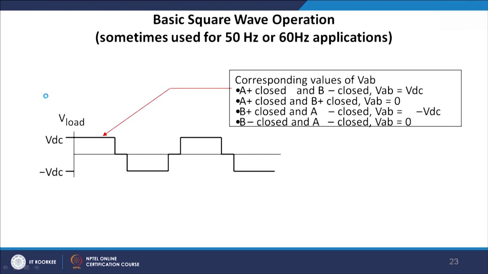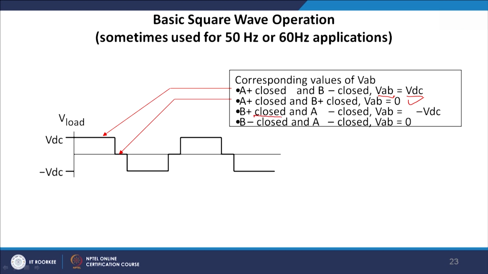Now, ultimately this is the basic realization of the 50 hertz inverter. See that first A is closed and B is closed, you are getting VAB equal to VDC. Then A plus is closed and B plus is closed, that means both the top terminals are being closed, so you are getting 0 voltage.